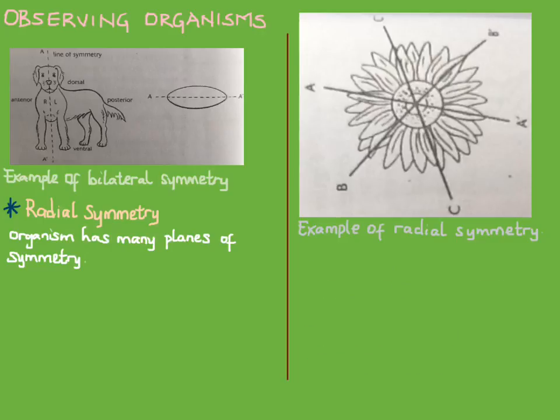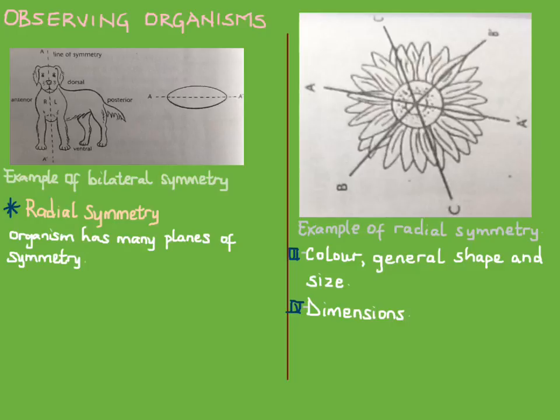Other things to consider when describing the external structure of an organism include its color, general shape and size, its dimensions, that is in height, length, and width, and also any special structures that may be used for feeding, reproduction, or movement.